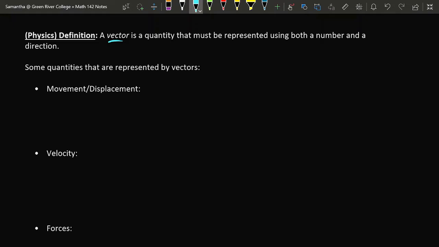For examples of some quantities that are represented by vectors, we have movement, which is also known in physics as displacement. When you're describing the movement of a person or an object, this is described using both a number and a direction. The direction in this case is the direction of movement. Which way are they traveling?